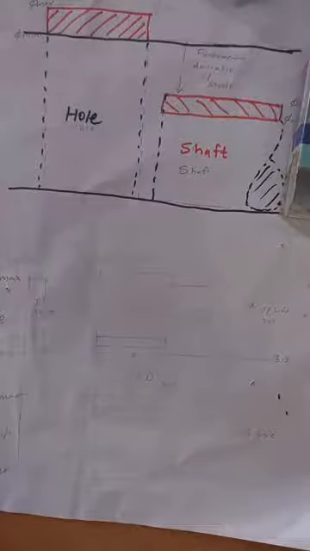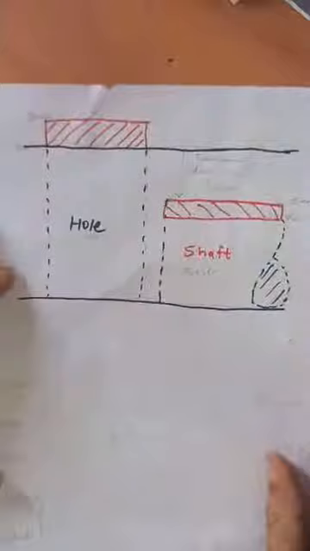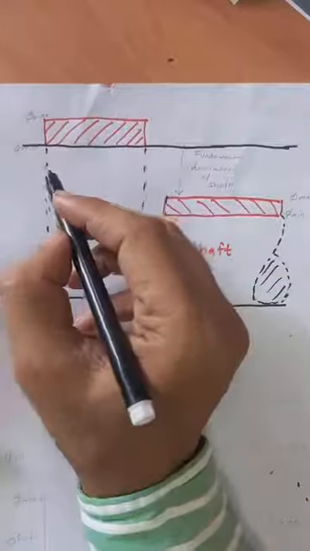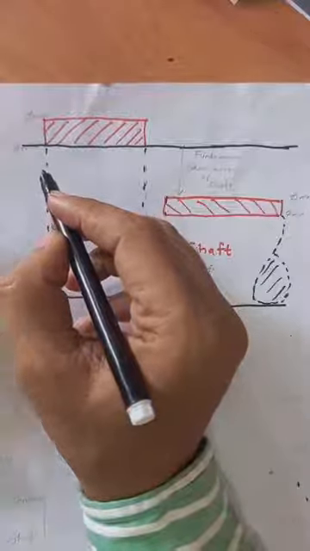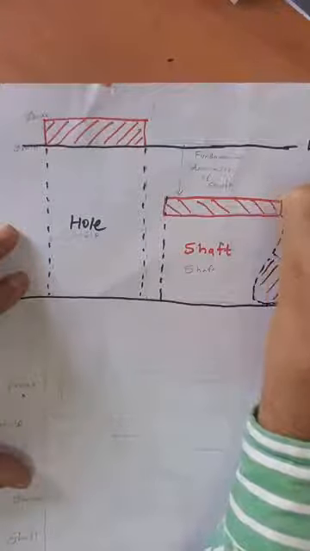Now we'll make a figure for this hole and shaft. Suppose this is hole, this is shaft. Now we'll write down all the values which we have calculated. So this is the basic size, 25 mm.